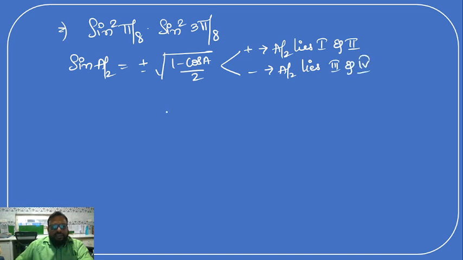It doesn't make any difference because we are squaring it. So sin² A/2 = (1 − cos A)/2.